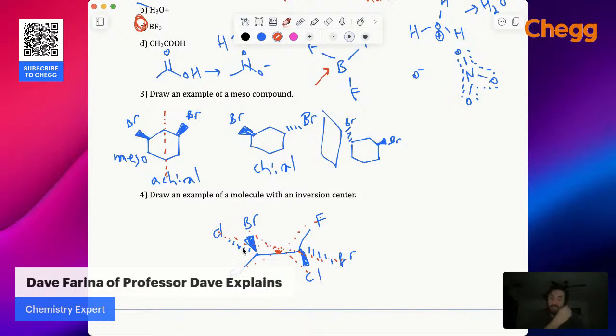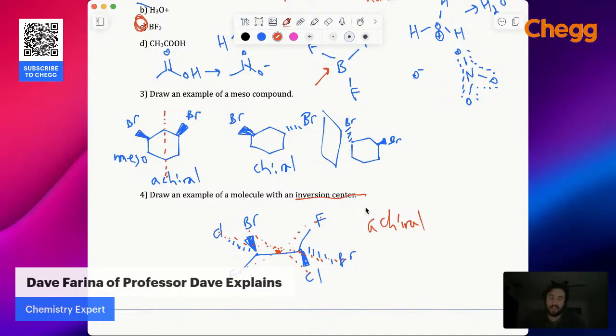So every atom, and then obviously the carbon sees itself across the carbon-carbon bond. So every atom sees itself across the inversion center, and so that makes this achiral overall because of the inversion center.